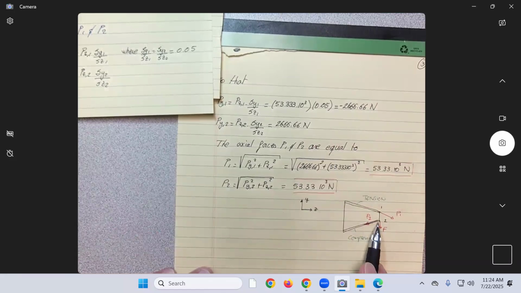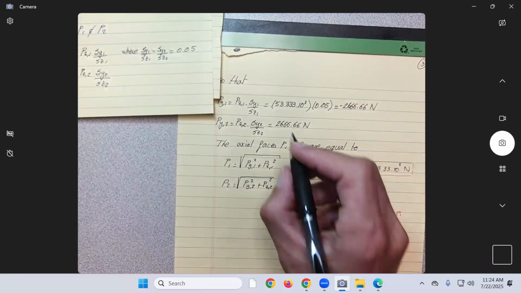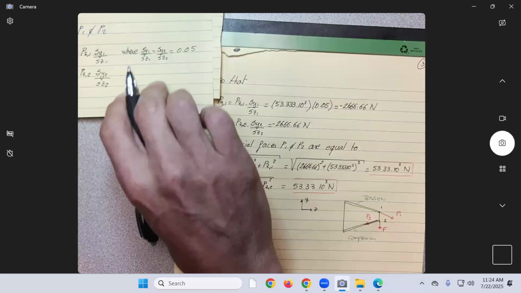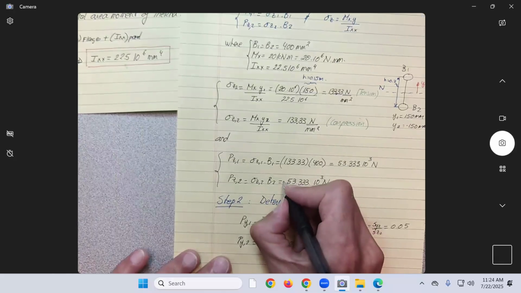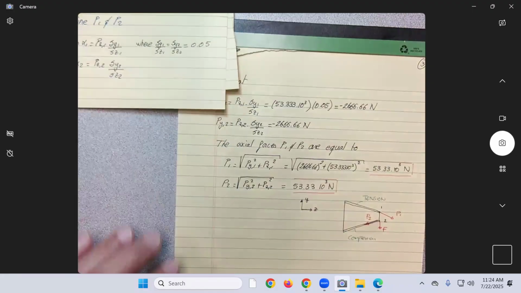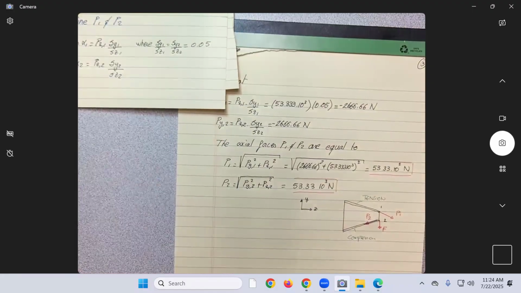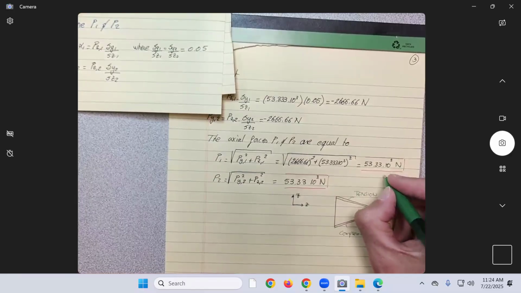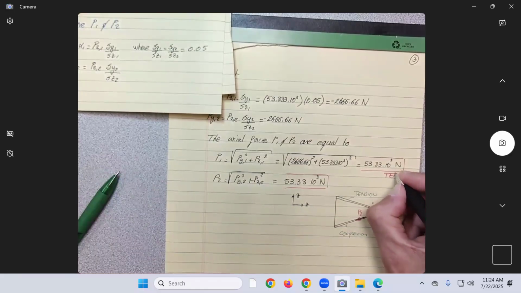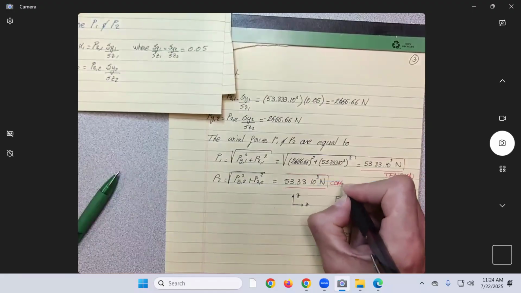Then for this one, both of them will be negative, so Py2 is negative and Pz2 is negative. What's important is to mention that P1 is in tension and P2 is in compression.